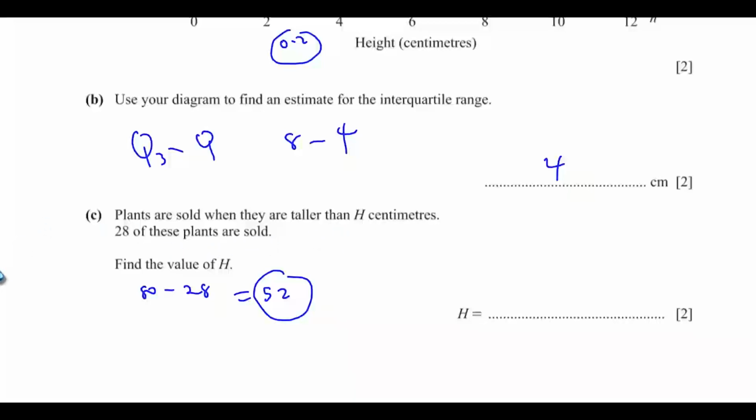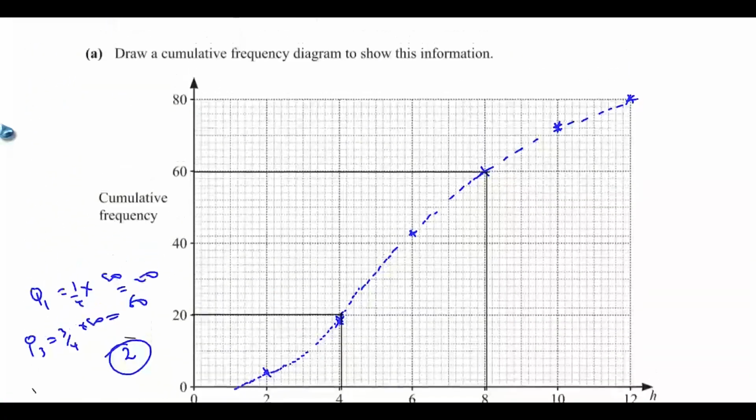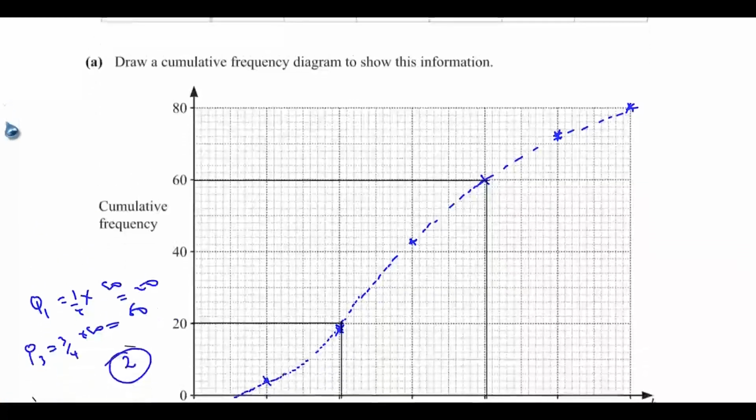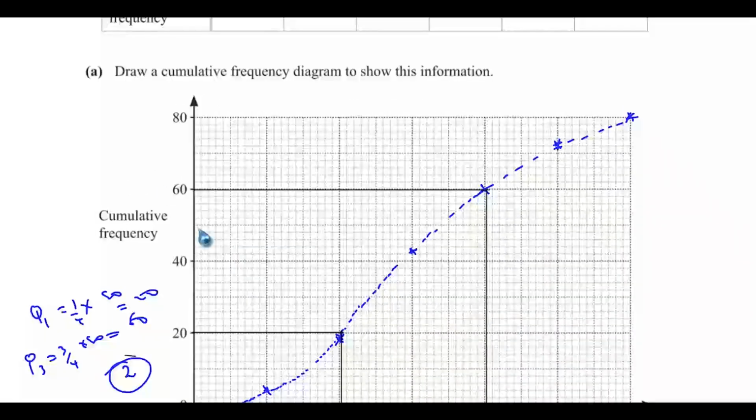So we'll just go to the grid. Okay, let's find 52. This is 50, and 52 will be up here. So 52 will be here. Okay, good.